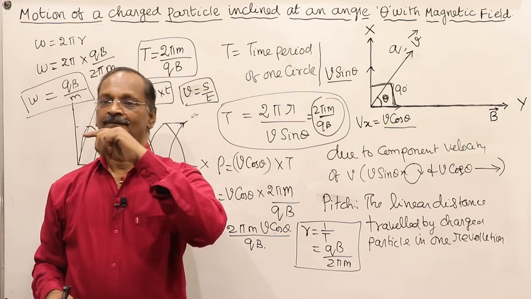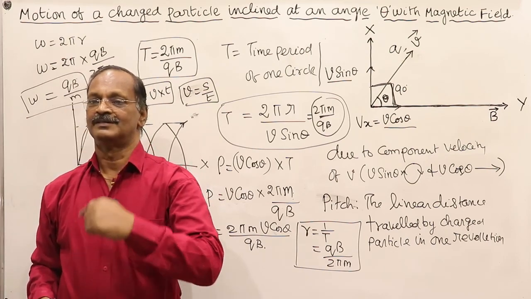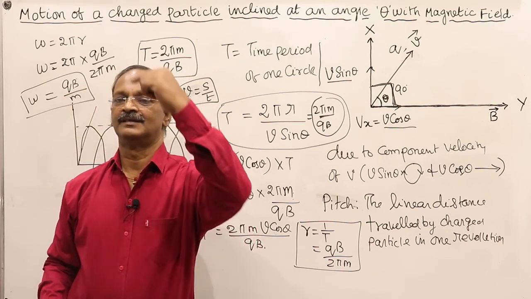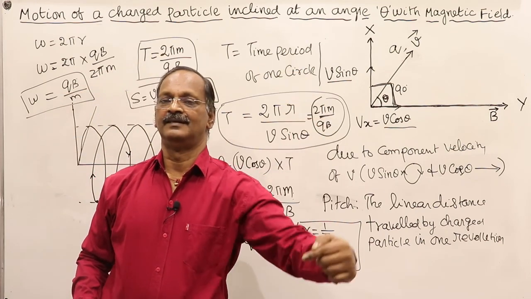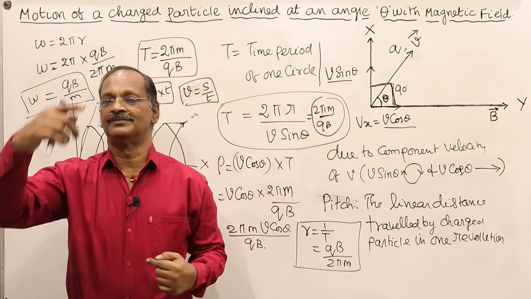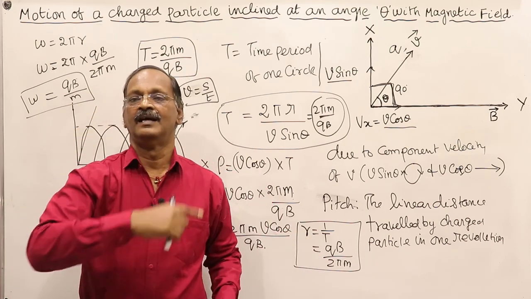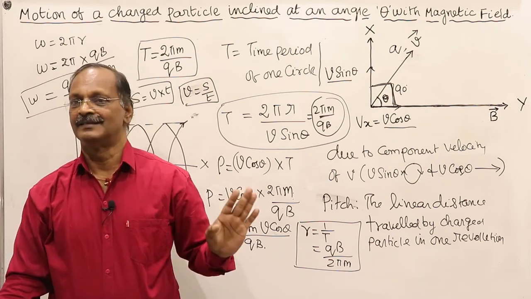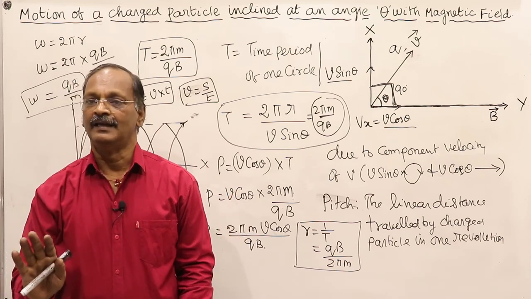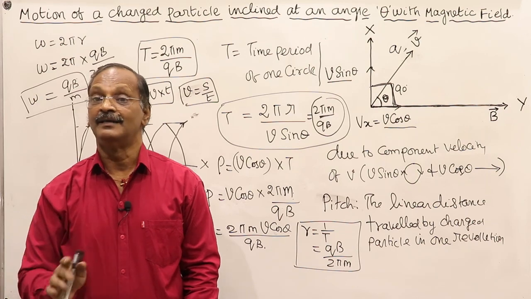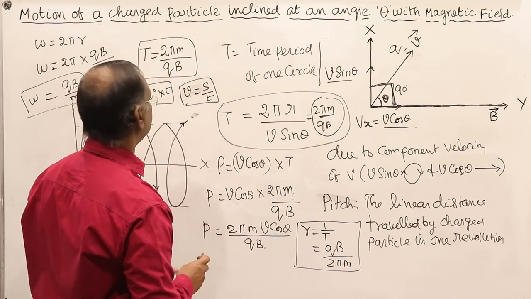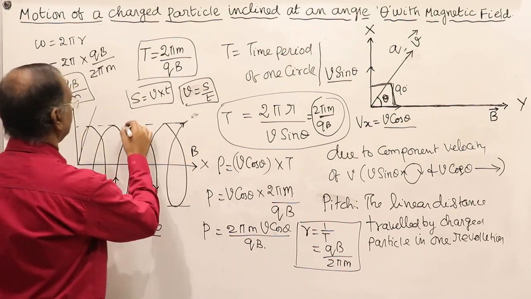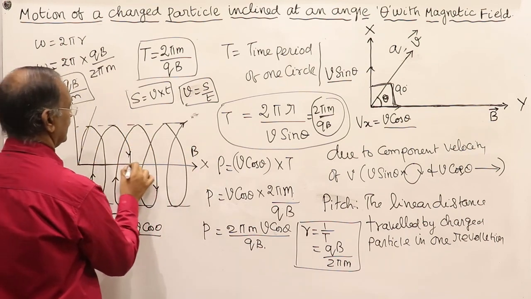The particle will go in a circular motion as well as a linear motion, and because of the combined motion of circular and linear motion, it will go in a helical path. So the resultant path of the particle is a helix with its axis parallel to the magnetic field. The helix axis is the magnetic field.